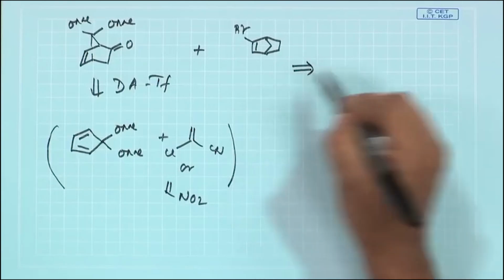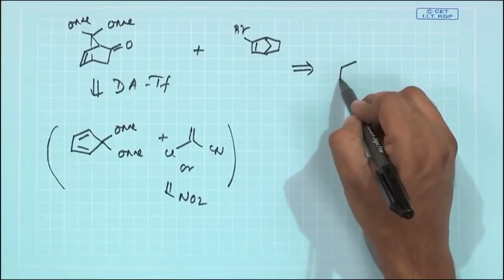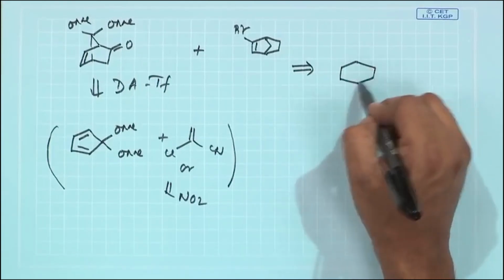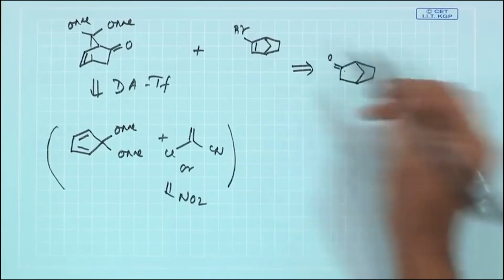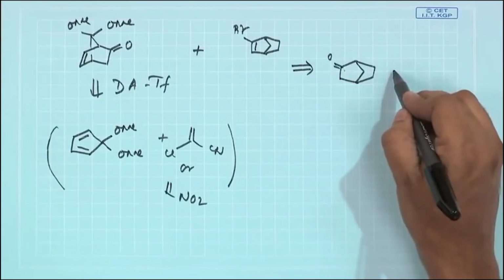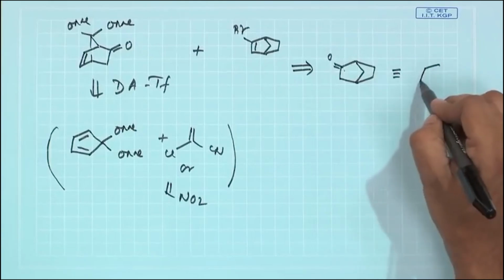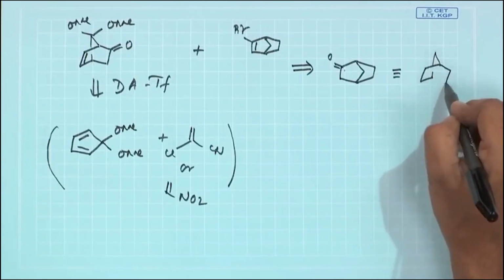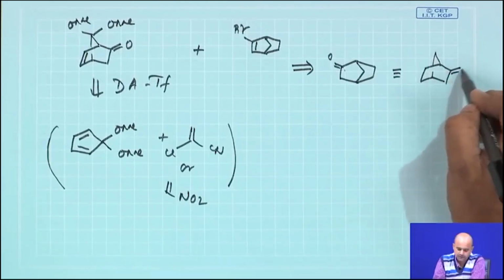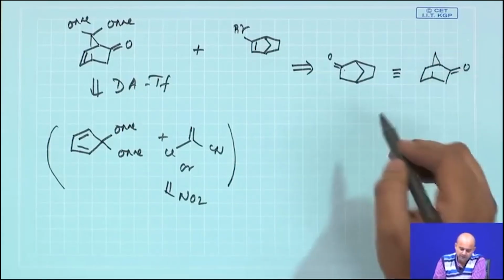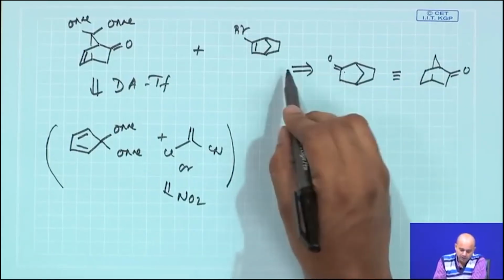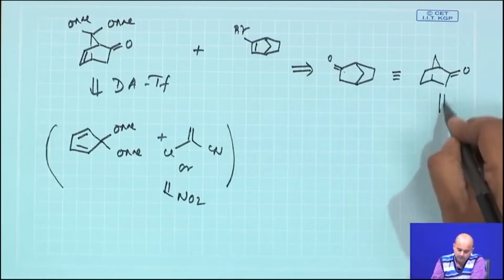Let us say you have a compound like this, compound like this. This compound is basically nothing but this compound, is it not? So, now how you can prepare this compound is absolutely fine.